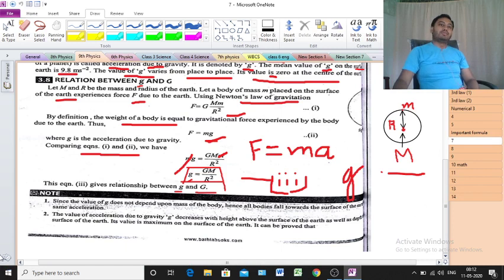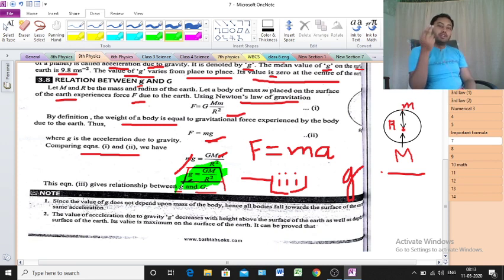Small g equal to GM by r square. What is small g here? Small g is acceleration due to gravity.